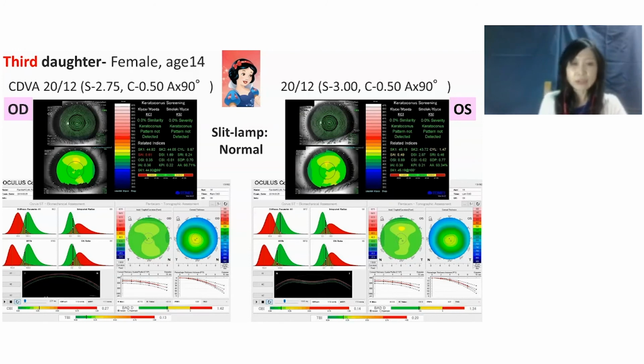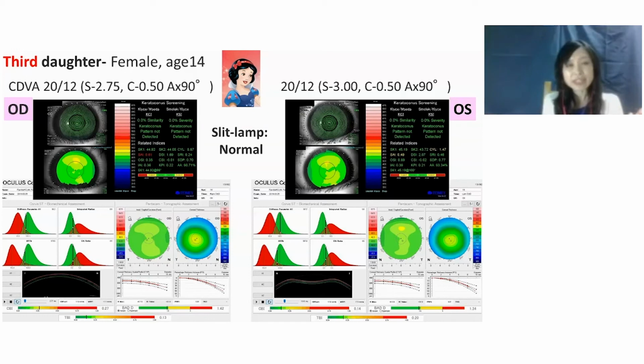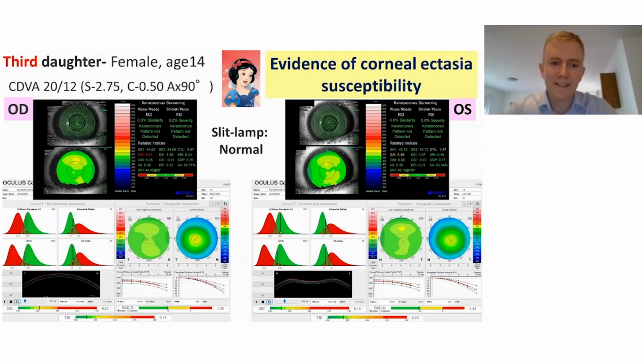But what I'd like to emphasize is that her mother has clinical keratoconus, and her sisters already had keratoconus suspect. So I definitely consider this evidence of corneal ectasia susceptibility. Renato mentioned it.